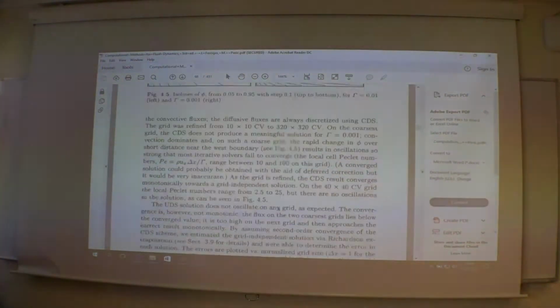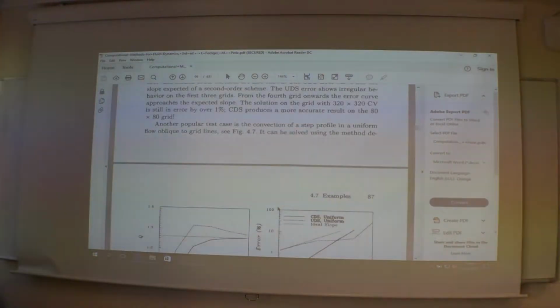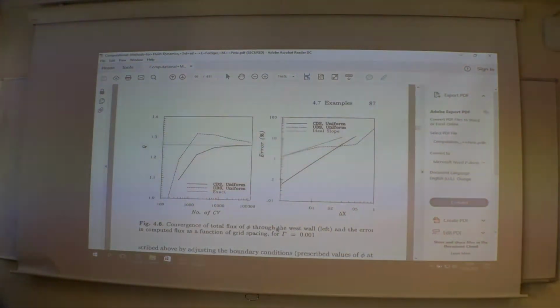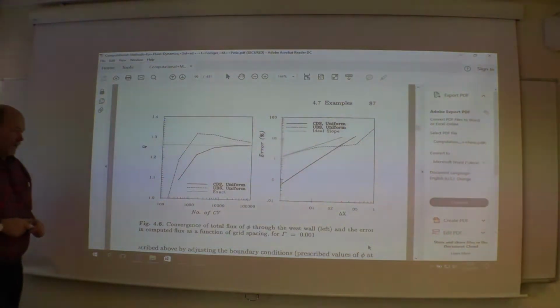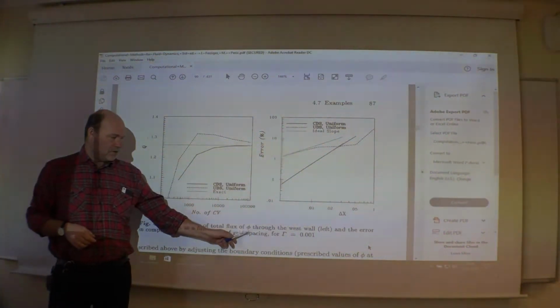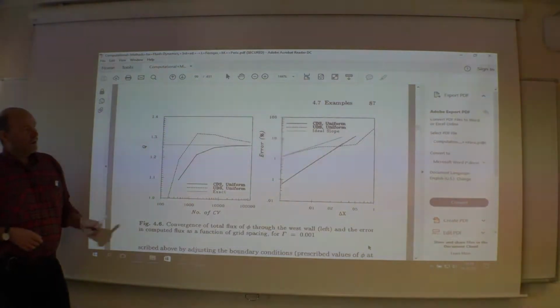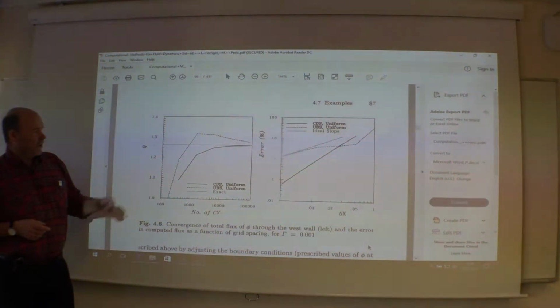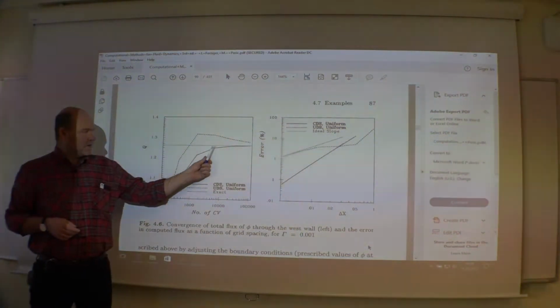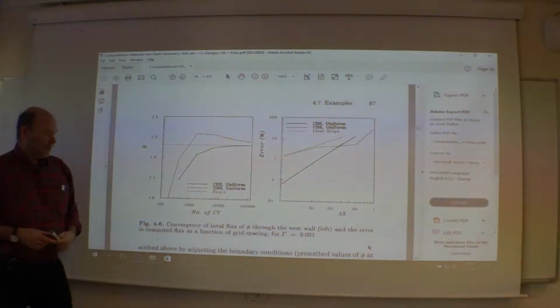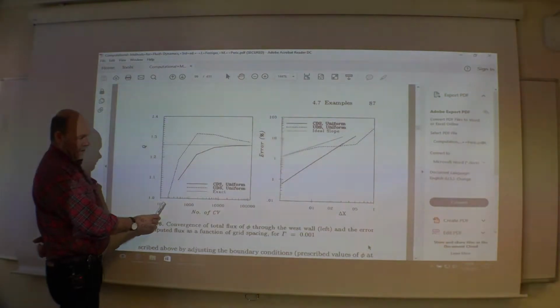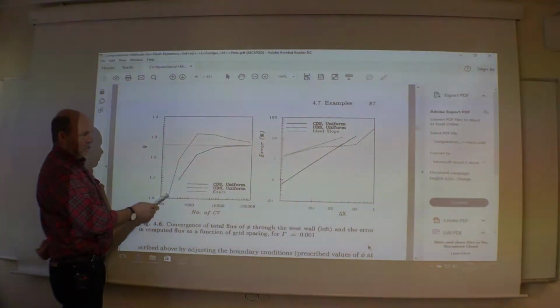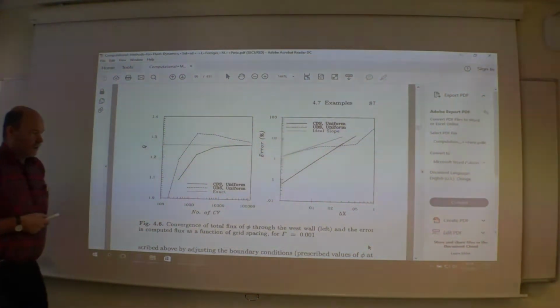The way you can see it very well is looking at the error. And also here he looks at the total flux through the left wall. So that one should be exactly at this number. And then, depending on how many cells you have, you will be quite off, as you can see.